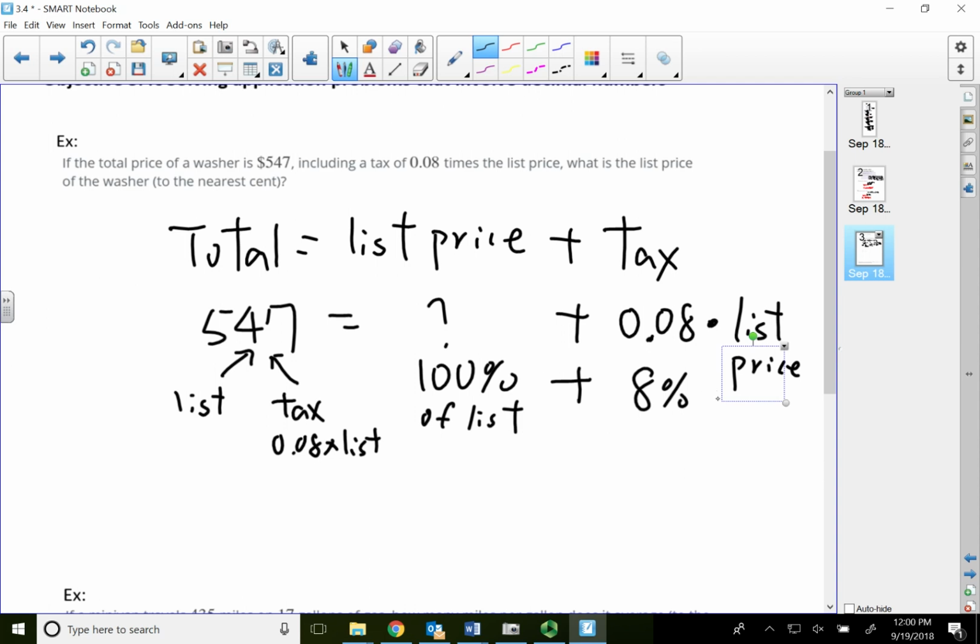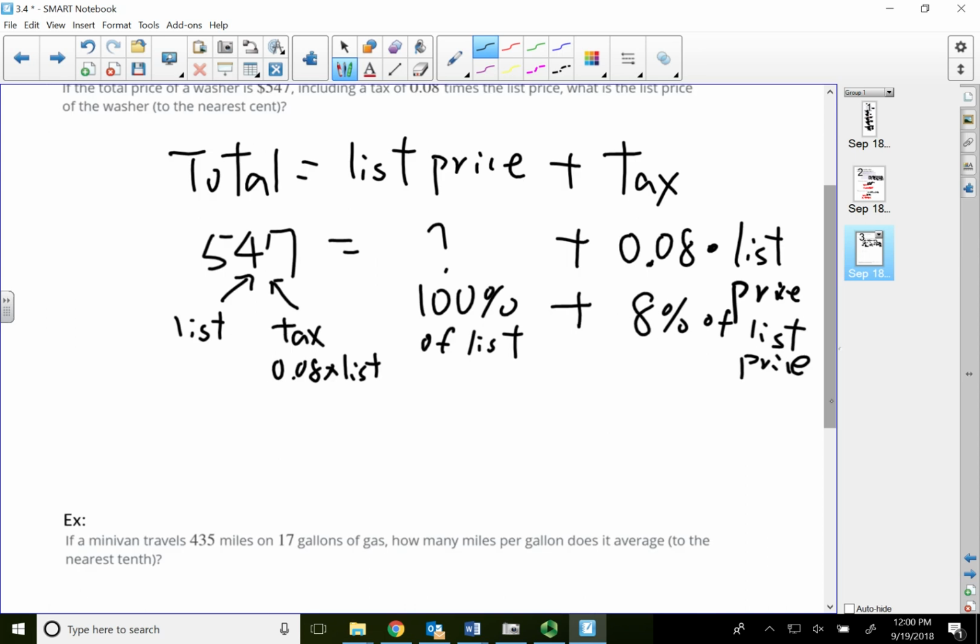Times 8% of the list price. So that means my $547 is 100% list price plus another 8% of the list price. So that's basically saying it is 108% of the list price.